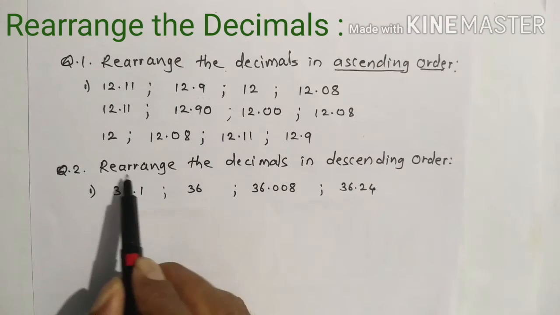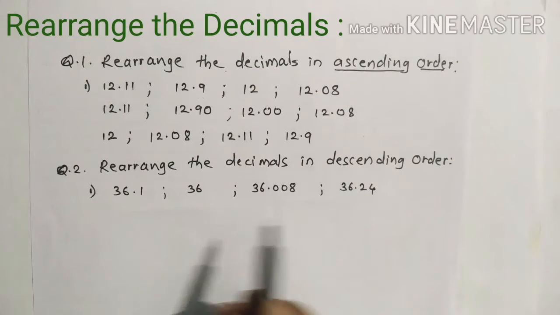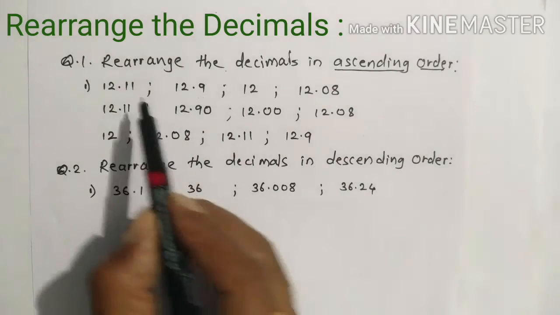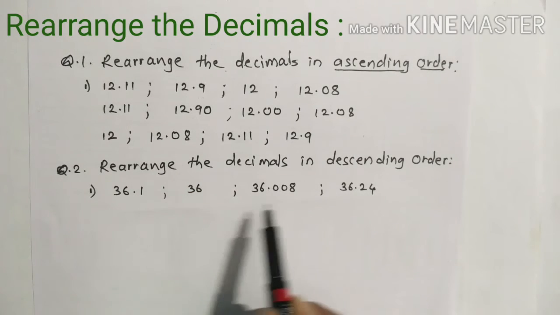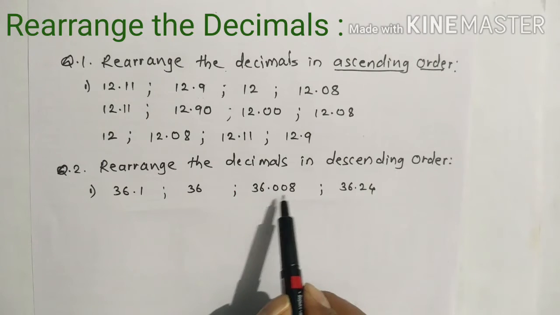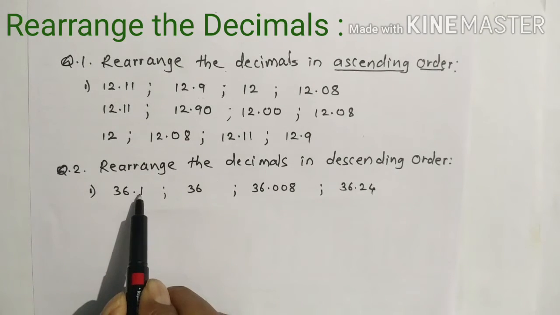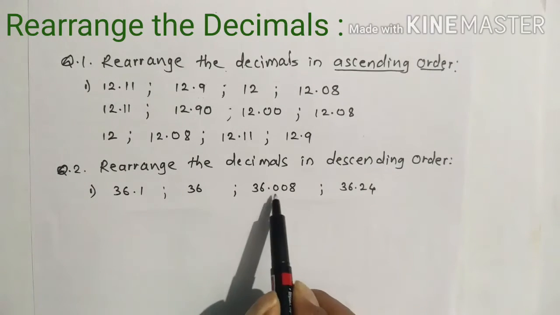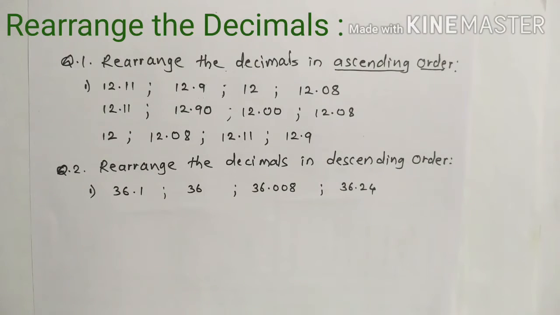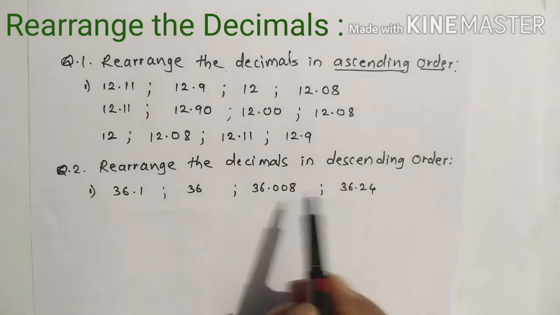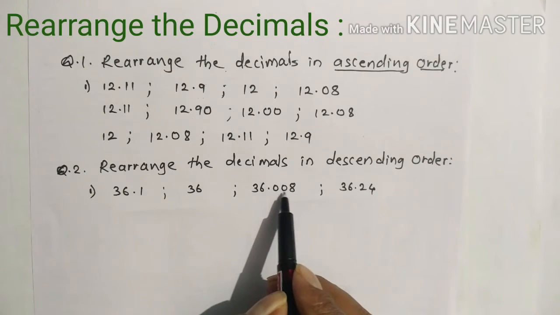Next question: rearrange the decimals in descending order. The same method will be followed. First we have to count the largest number of decimal places. Here is one decimal place, here is nothing, here are three decimal places, here are two decimal places. So the largest is in this number, that is 3.